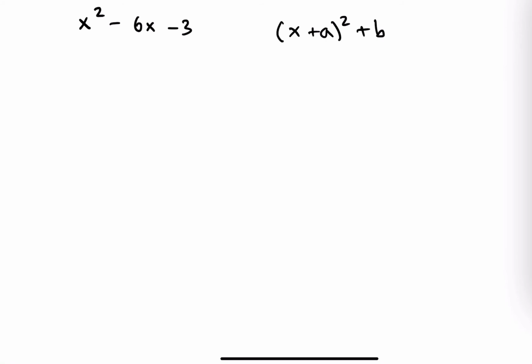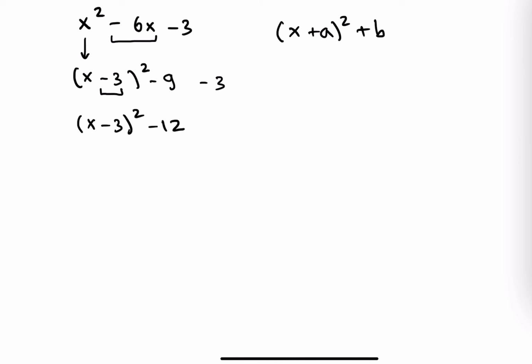We open the brackets like this, we add the x here. We take the coefficient in front of the x, which is minus 6. We halve it, it becomes minus 3. We have the original minus 3. We then square this, which becomes 9, and we subtract it. So we end up with (x minus 3) squared minus 12. That means a is minus 3 and b is minus 12.